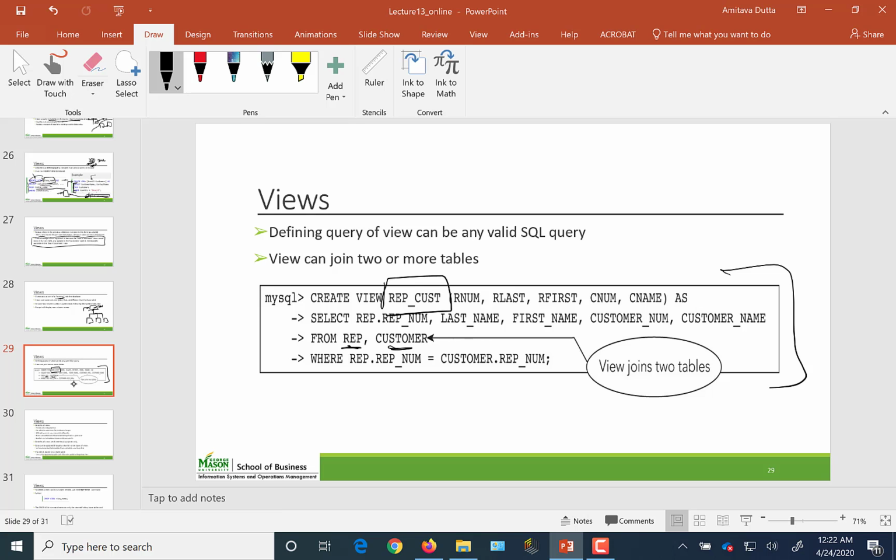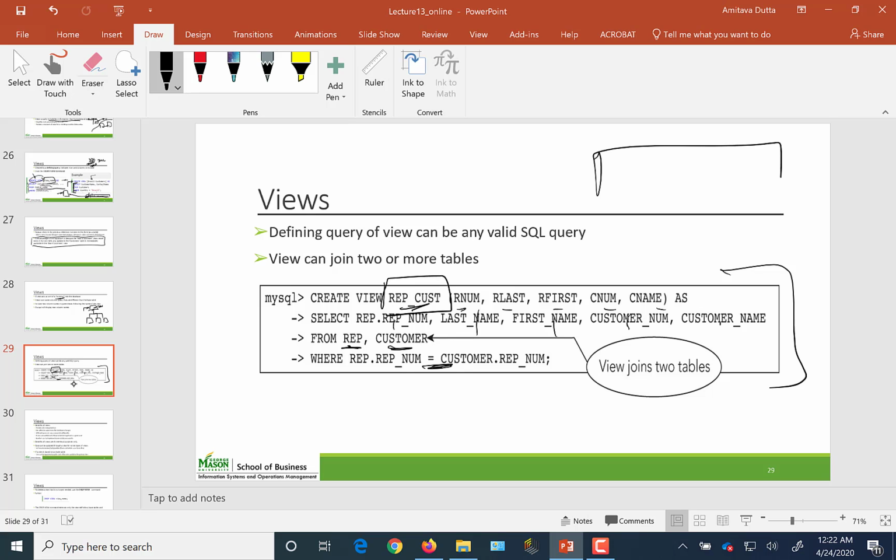I don't know what REP stands for. So you have certain columns that are pulled out from these two different tables, and they're combined using this join operation, and the end user only sees one table that has 6 columns in the output.